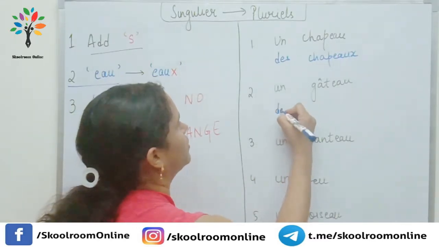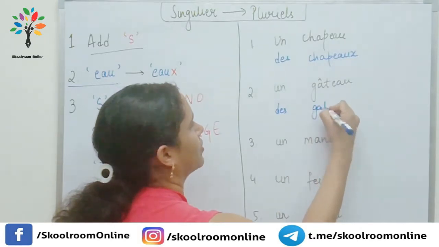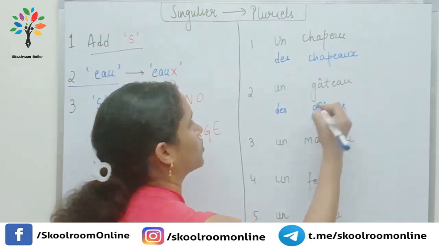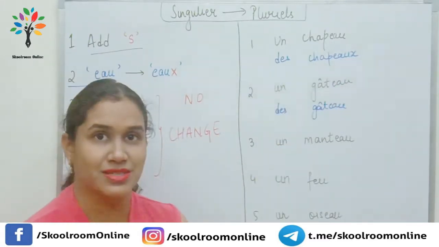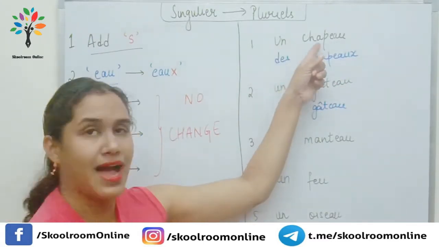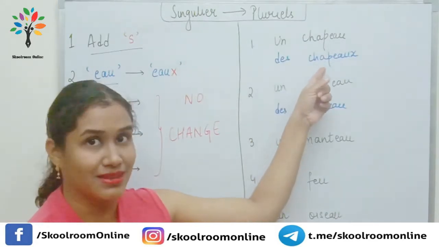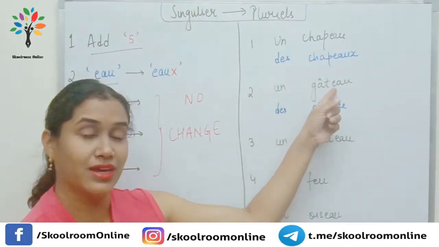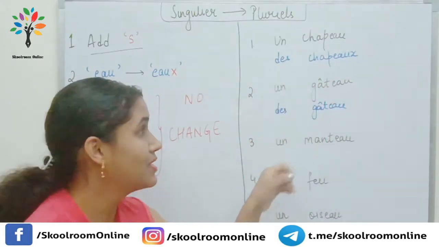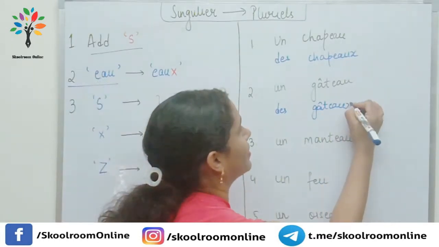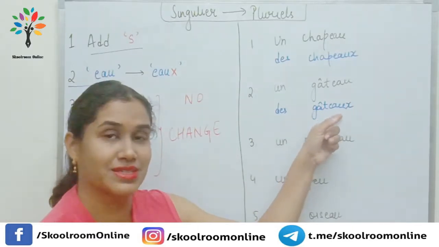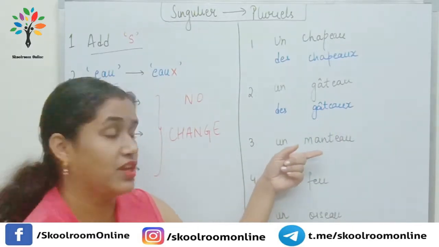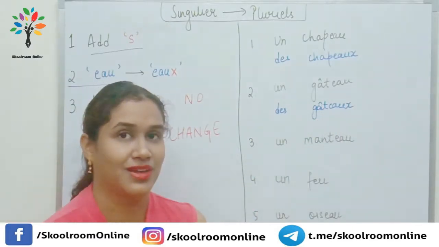This will similarly change to des gâteaux. Some cakes. Some hats. A hat, some hats. A cake, some cakes. We need to add an X here. Okay, so some cakes. Similarly, now you try doing this.